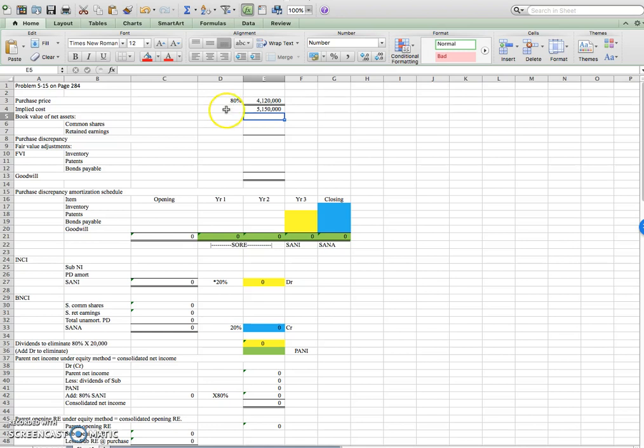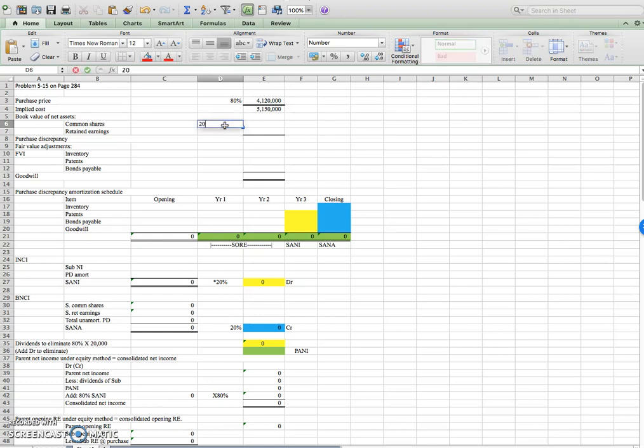Next, we will want to figure out the book value of our net assets. The easiest way to find this information is directly from the question. In that question, it gives us a carrying amount and fair value of Partridge. And you can see in the second half, ordinary shares and retained earnings are listed. Reminder that ordinary and common shares are interchangeable terms.